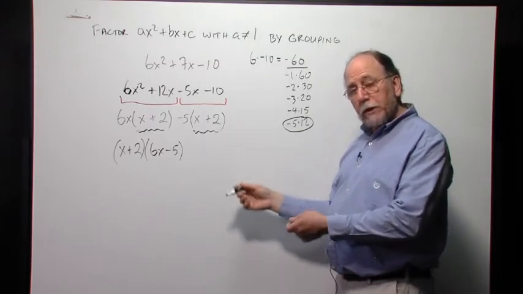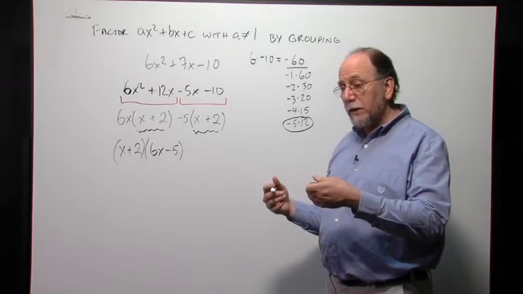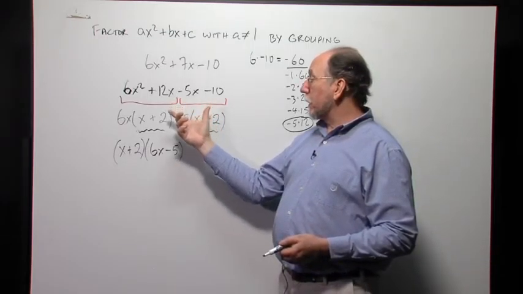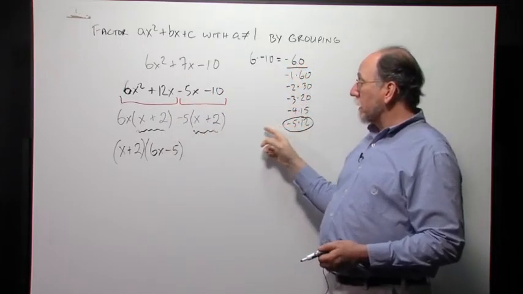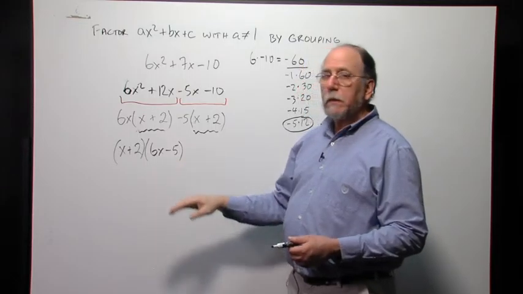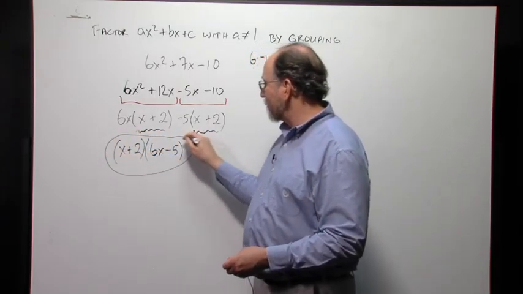And this gives us a procedure rather than method 1 that gave us a way to just kind of hunt for it. And that works for smaller numbers. But when the numbers get larger like this, it's easier to have this step-by-step procedure. And your final answer is there. We'll circle it.